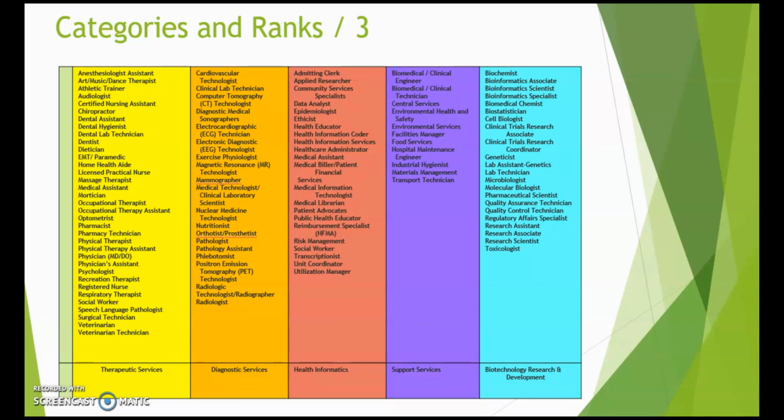Again, as far as knowing what to study for each of these categories, it's really important to always be up to date, because licensing mechanisms and certification vary quite a bit.